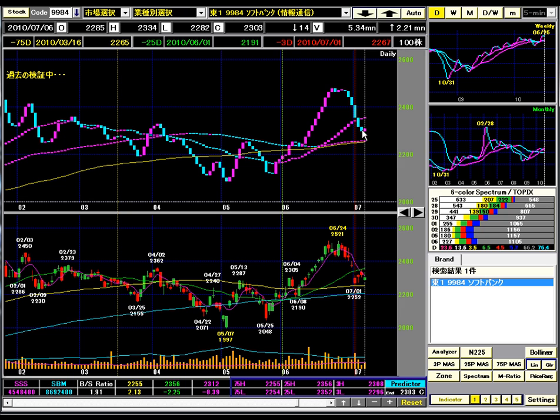It's best to just sit on the sidelines regarding this stock, even putting this aside and looking for another stock within the market that is going to have better profit potential, a better looking chart, so to speak.